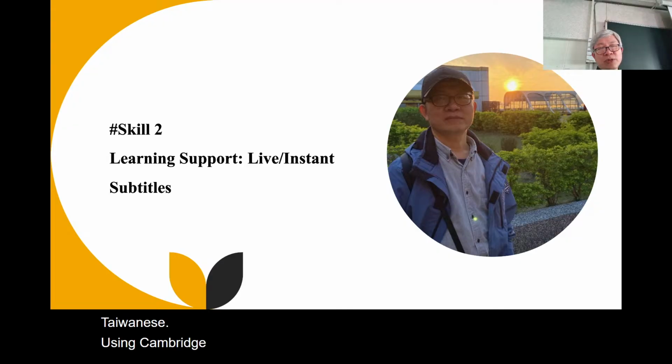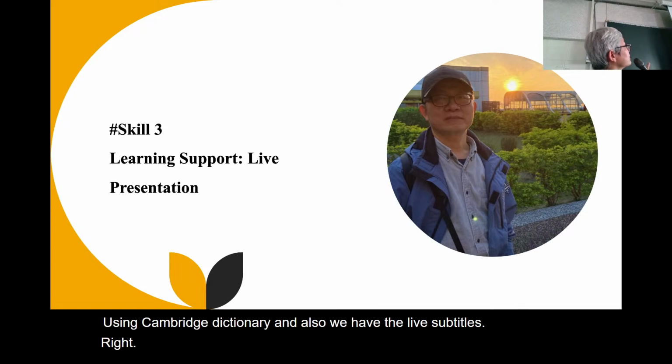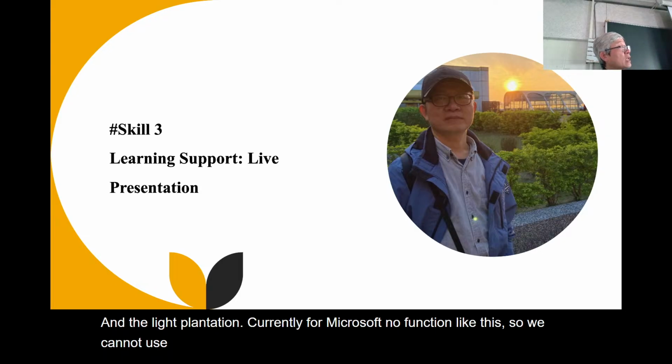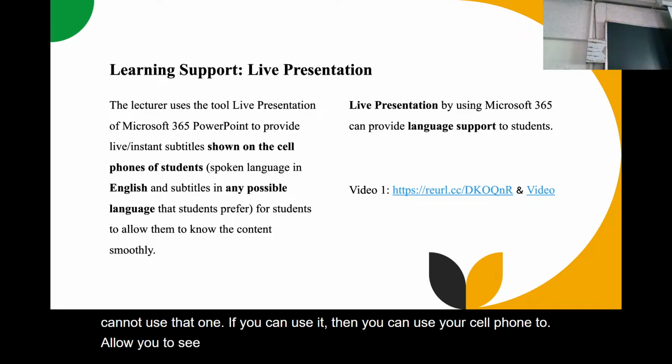And also we have live subtitles. And live presentation currently for Microsoft has no function like this, so we cannot use that one. If you can use it, you can use your cell phone to see the subtitles.